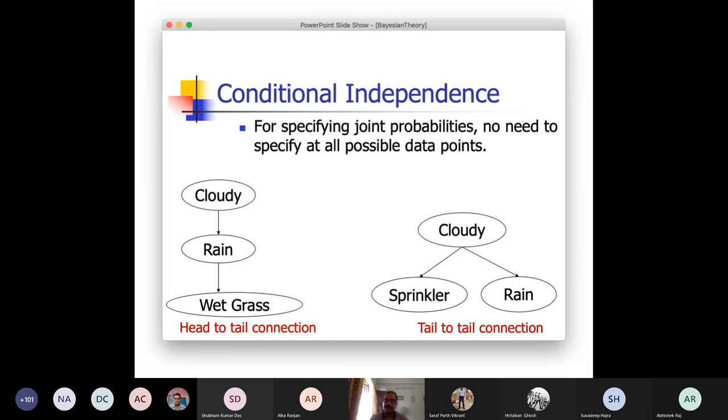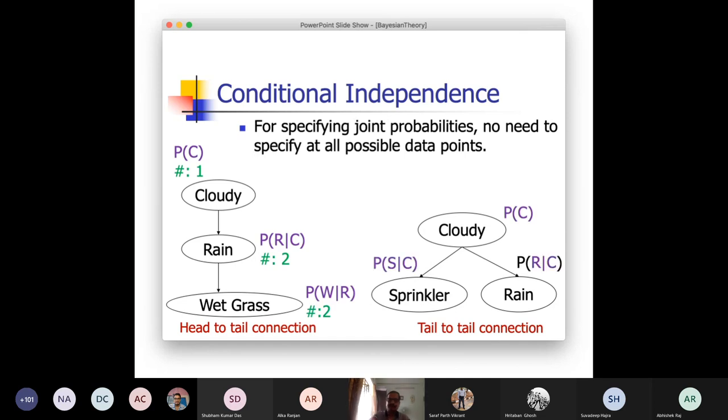So there is a probability that if the sky is cloudy, the sprinkler would be on or would be off. And similarly, there is a probability that it would rain or not. So given the sky is cloudy, the probability distributions of sprinkler and rain are conditionally independent.